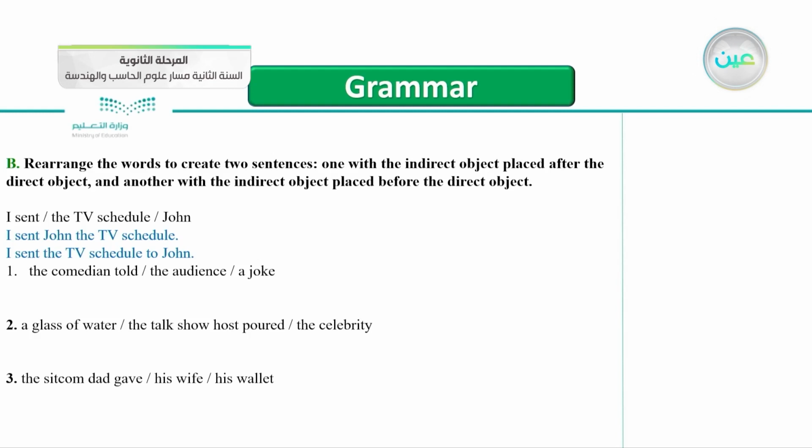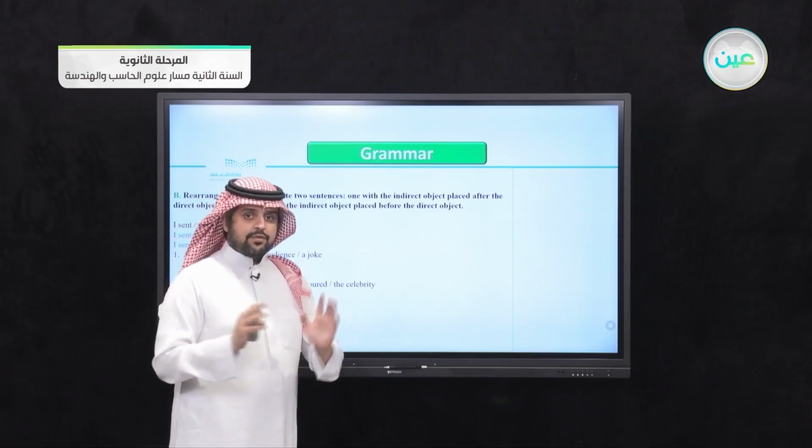So the first one here, I sent John. The indirect object John came first here. Then the TV schedule, the direct object. The second one, I sent the TV schedule. The TV schedule is the direct object to John. John here is also the indirect object. So in each sentence, we'll have to do this.